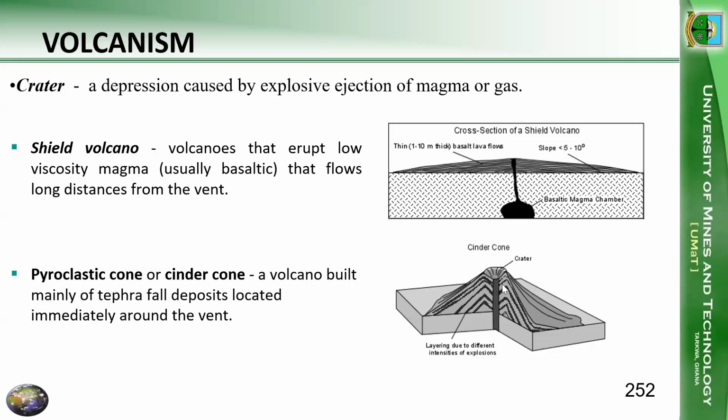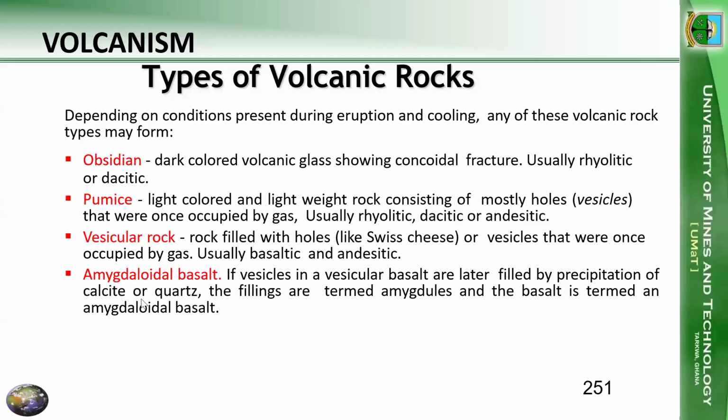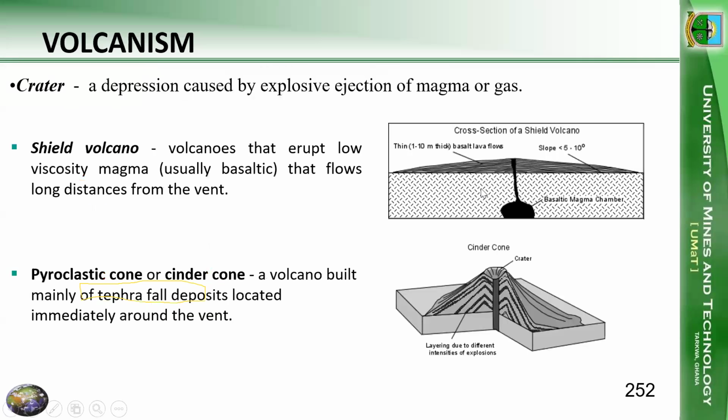With the amygdaloidal basalts, for instance, we tend to have calcite or quartz filling these voids. It's very common to find the infillings are typically quartz or some kind of calcite. Calcite is like your calcium carbonate. So these are the specific materials that tend to fill these holes.